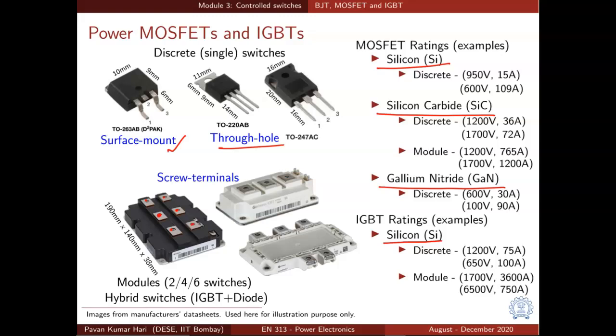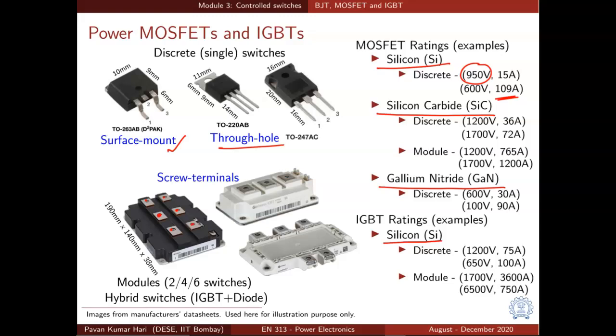As typical examples of MOSFET ratings in discrete form, silicon MOSFETs are available up to some 900 volts and about 100 amperes of current, because beyond that it is difficult to be handled by PCBs. Even 100 ampere is a big challenge to be handled by a PCB.